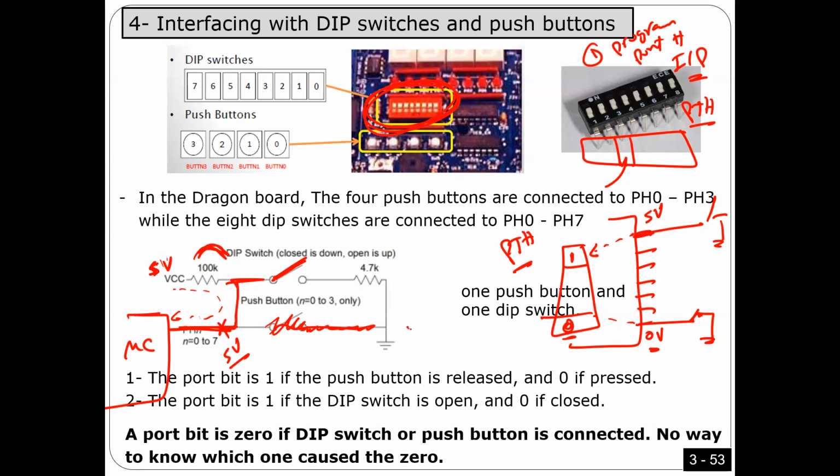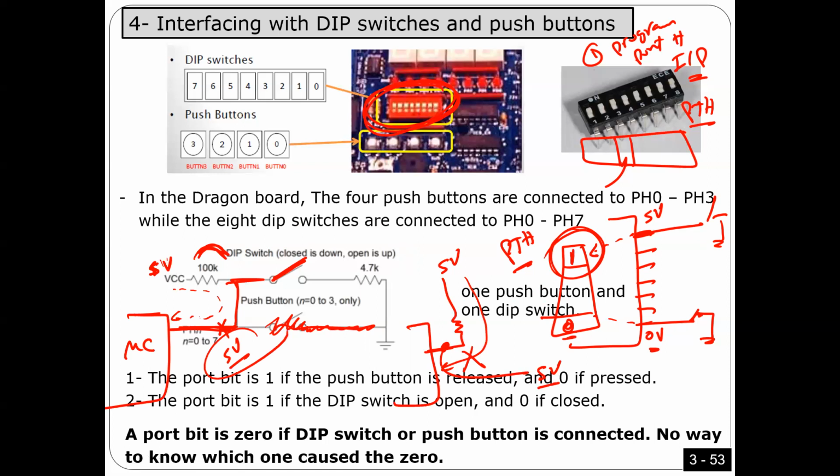It's like you have an input here, and this input is connected to a resistance and 5 volt, and there is almost no current. So this voltage should be close to 5 volt. That's why if the switch is open, this one is 5 volt. That is why when you read the corresponding bit, if the bit is 1, that means there is 5 volt. It means the switch is open.